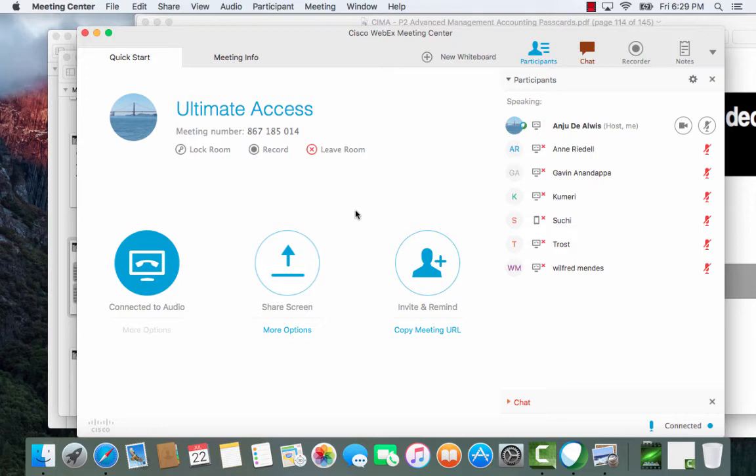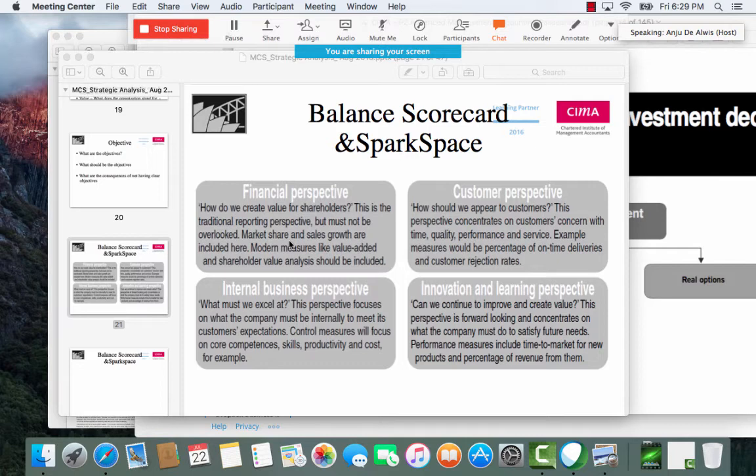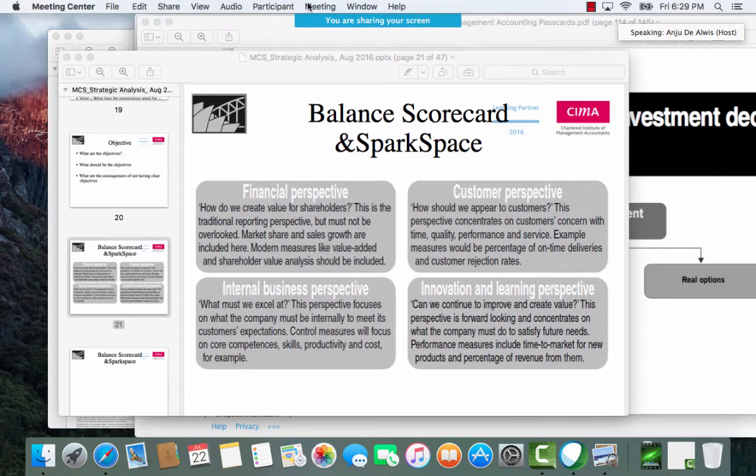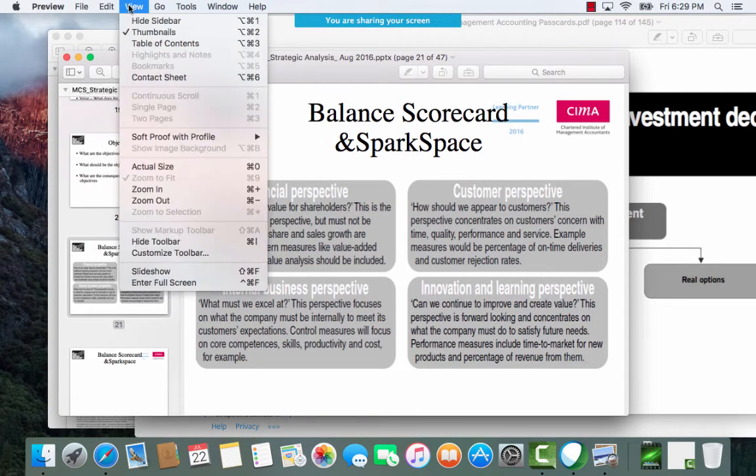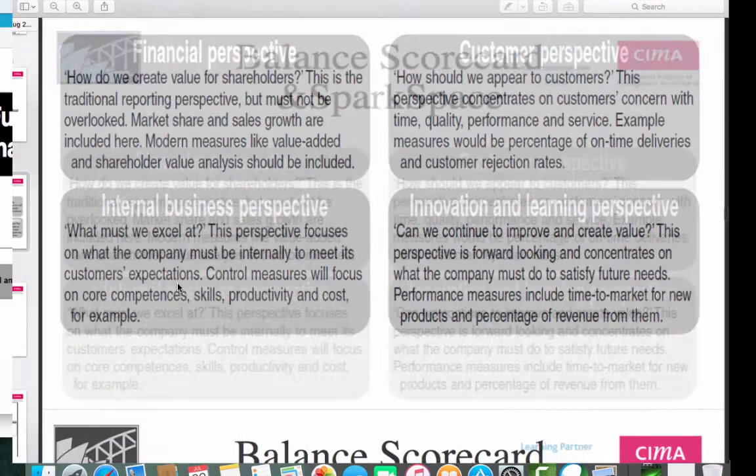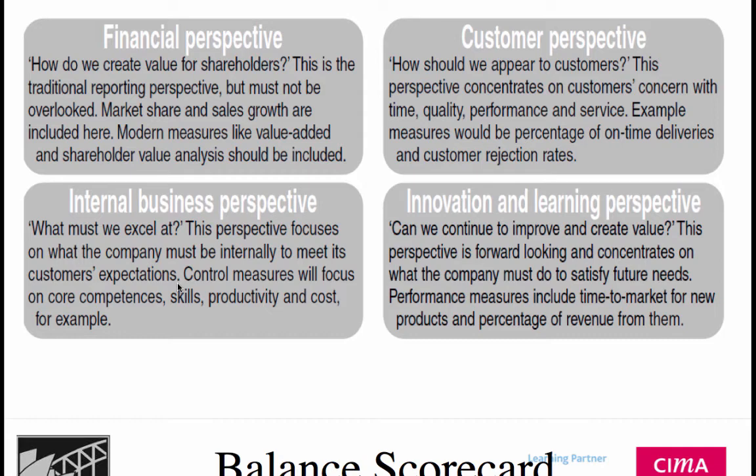Gavin, did I work with you guys on the balanced scorecard? No, not yet. Okay, fine. So the balanced scorecard, let me open this up.